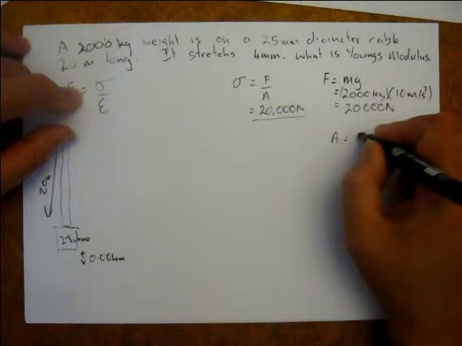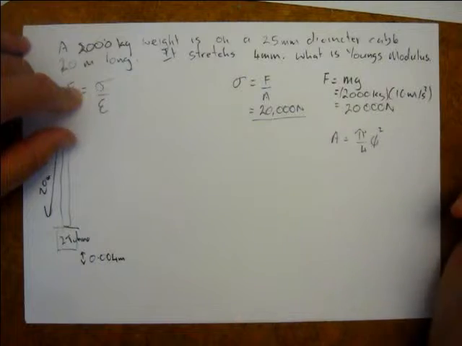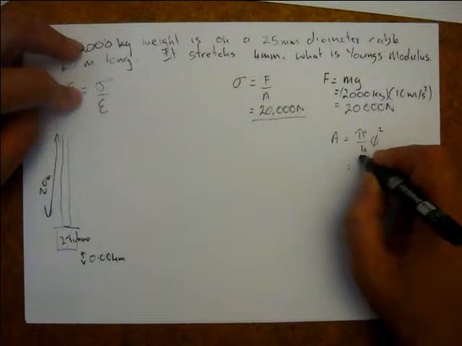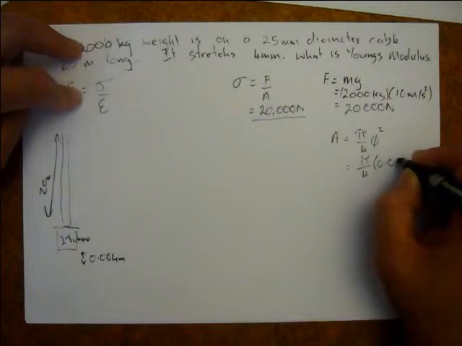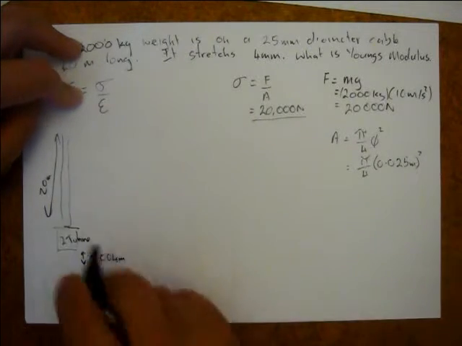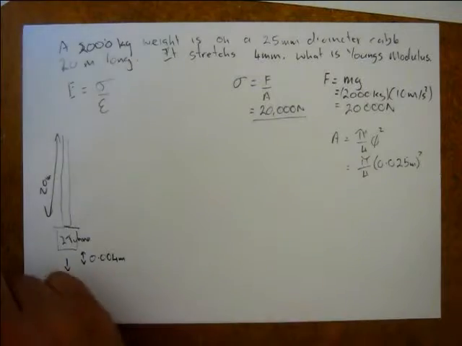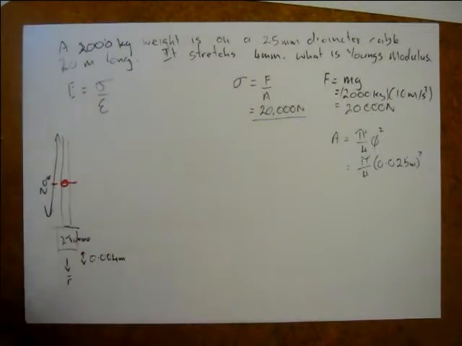Well, area is equal to pi over 4 diameter squared, using the engineering system. It's equal to pi over 4 times 0.025 meters squared. Remember what we do is we take the cross-sectional area, if the force is this way, then we take the cross-sectional area across there.